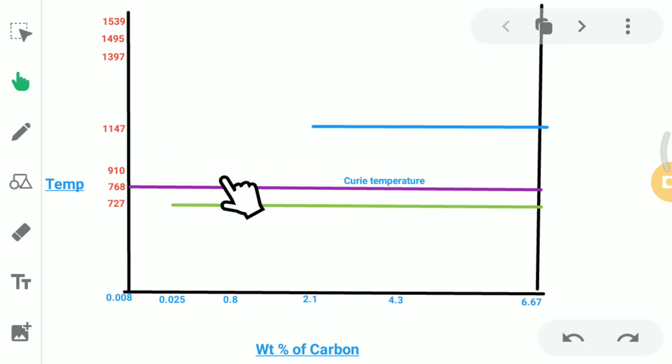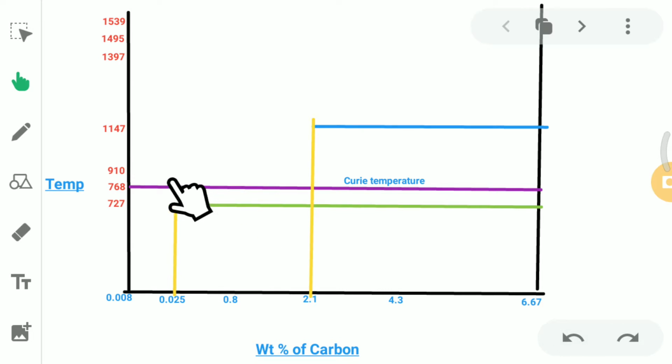Just first draw a straight line at 768, then another straight line up to 0.025 at 727 degrees centigrade, and at 1147 up to 2.1. Then draw a vertical line which will connect the 2.1 percentage, and another horizontal line up to 0.025.